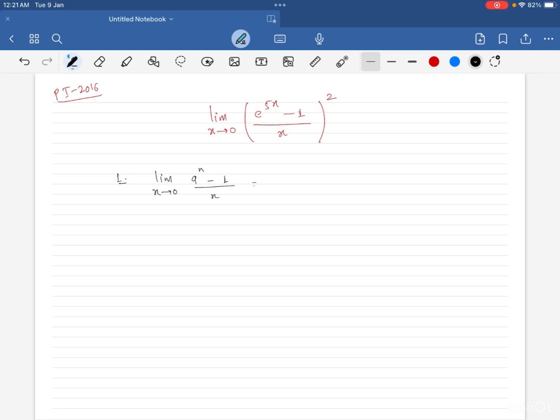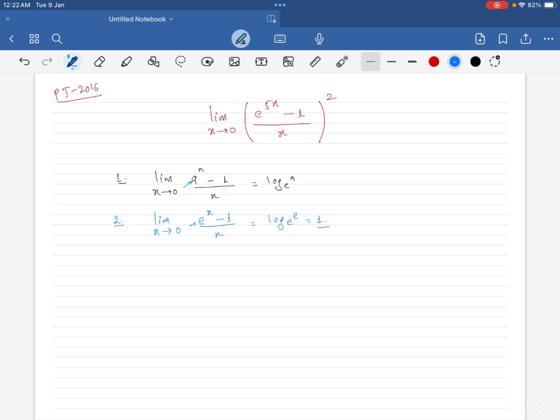That will be equal to log base e of a. With a similar analogy, we have the second important limit, limit x tends to 0, e to the power x minus 1 divided by x. Now at this place, instead of a, it is e. So that would be log e of e, that is 1.